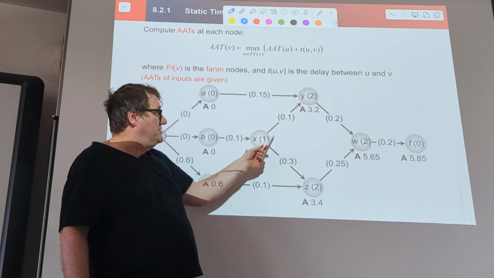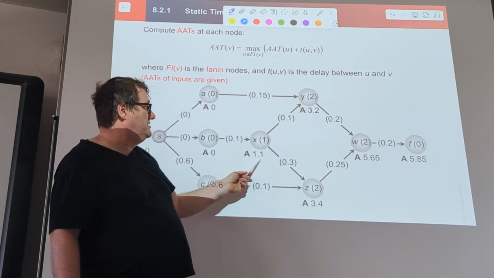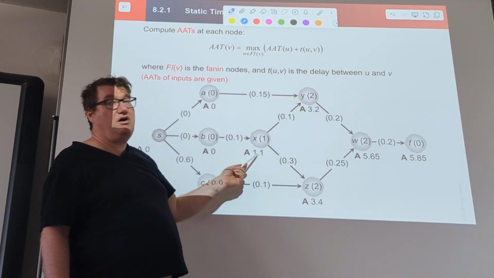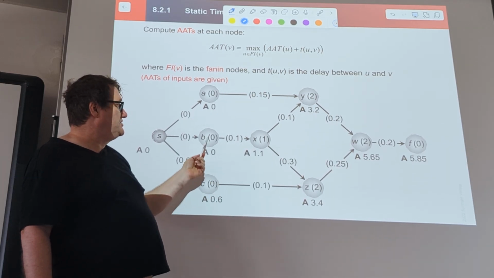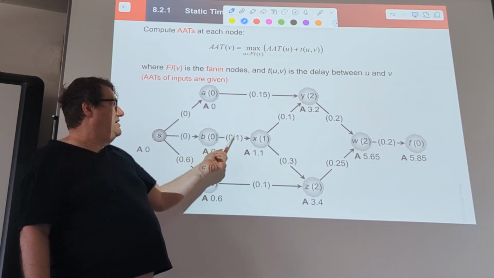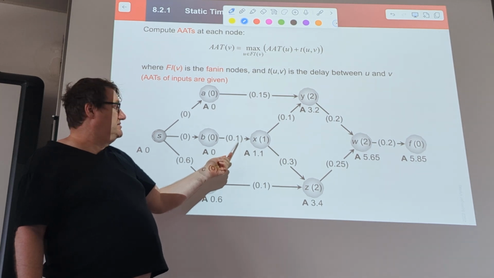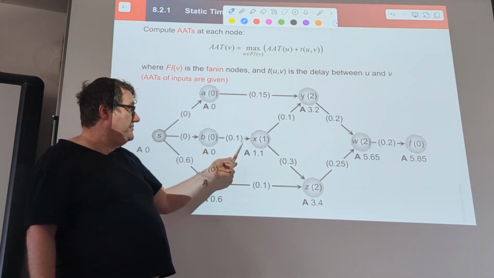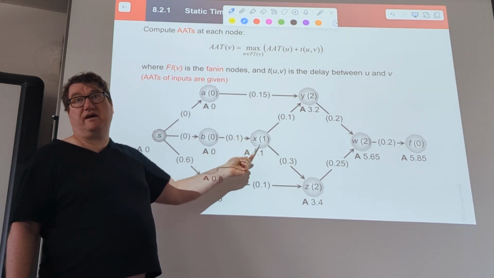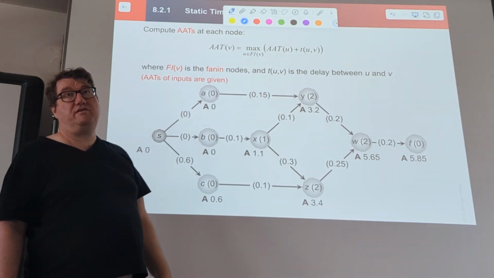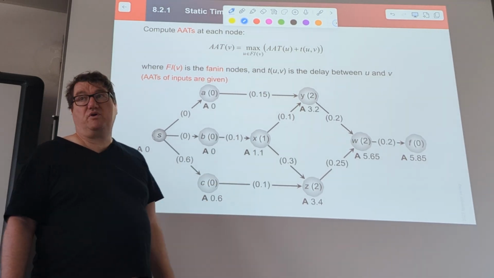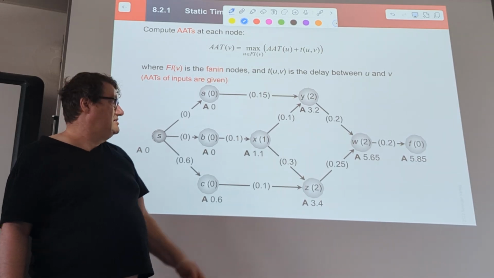The other input has an arrival time of 1.1 nanoseconds. That comes from this input B. It has 100 picoseconds wire delay, and then the inverter has 1 nanosecond. So at the output of the inverter we arrive at 1.1 nanoseconds.